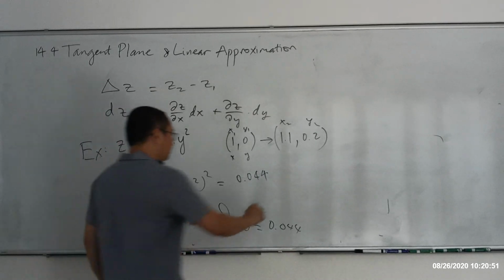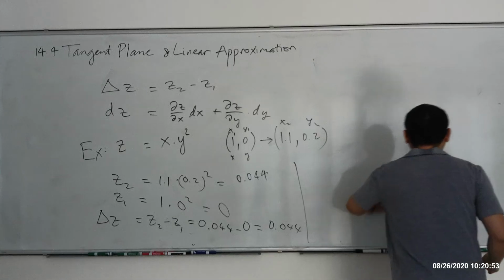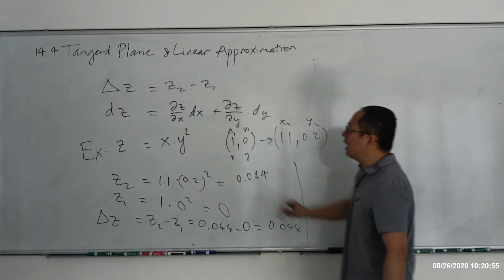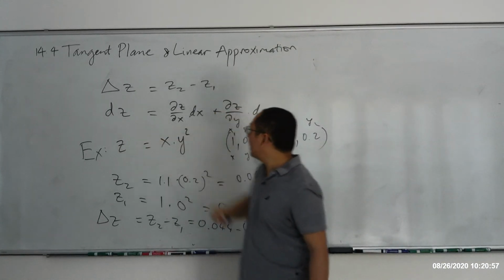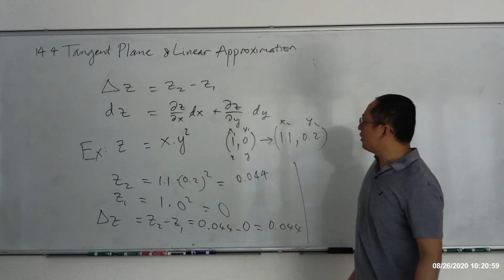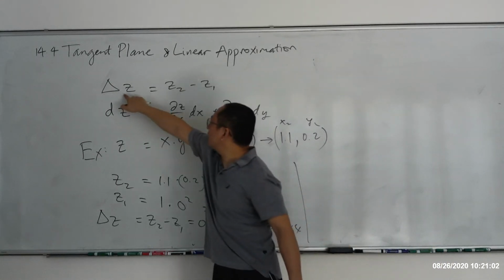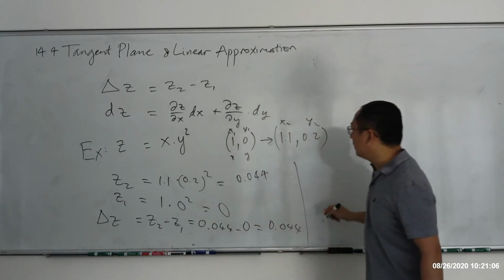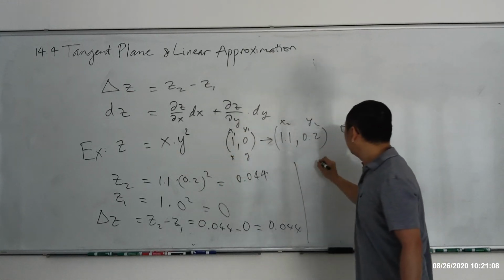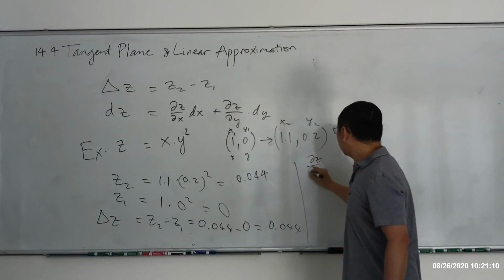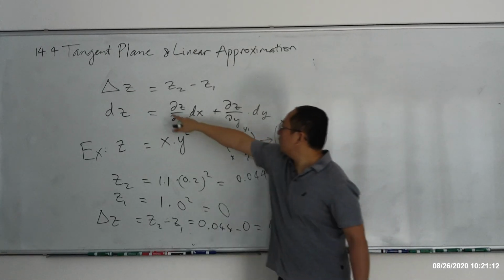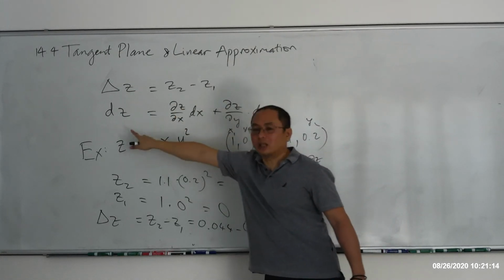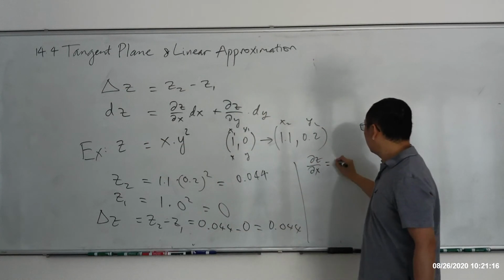The second half of the question you will see in the homework is to calculate dz, which they call the total differential. This is called the increment of z, total differential. So you plug in the formula. If z is that, or if you call this function f, then fx, dz over dx, is y squared.